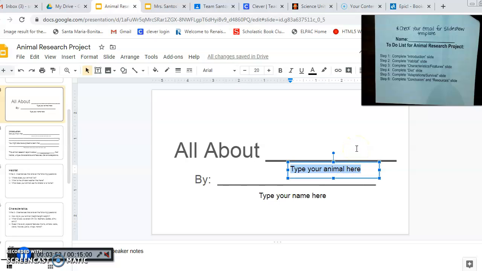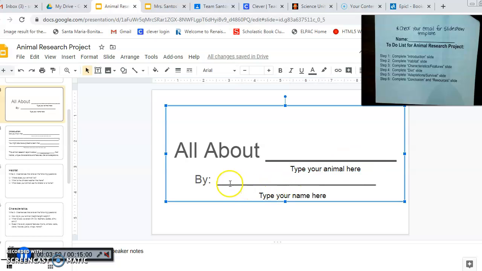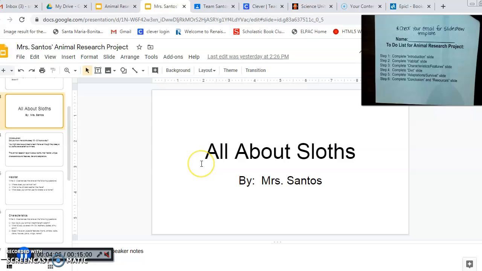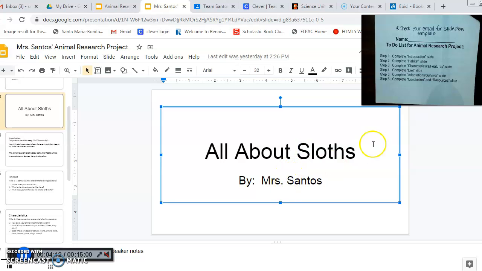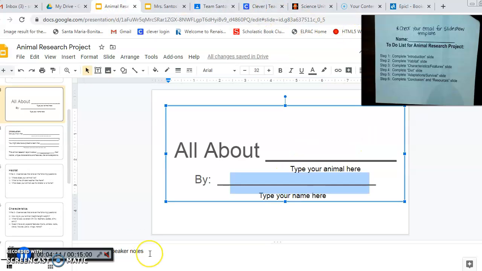On this particular line, you're supposed to type your animal. And on this particular line, you are supposed to type your name. Okay? It should look something like this when you're done. I am researching sloths, so I put sloths here, and then I put my name here. It's the title page. Okay?